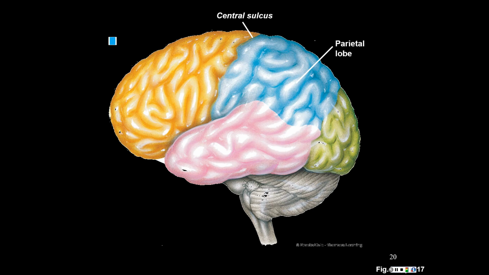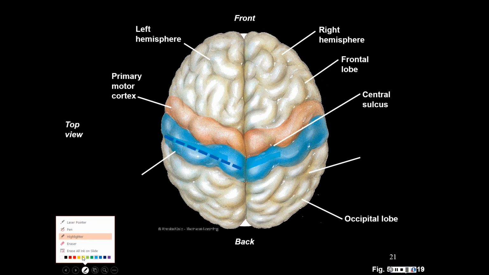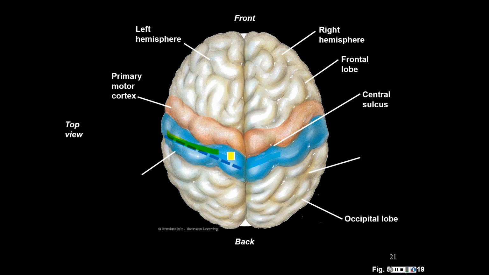Behind the frontal lobe, at that central sulcus, is the parietal lobe, and we also talked about it in lab. The parietal lobe is shown here in blue. It too has a lot of gray area, but we're going to focus only on this little strip of gray matter called the primary somatosensory cortex.